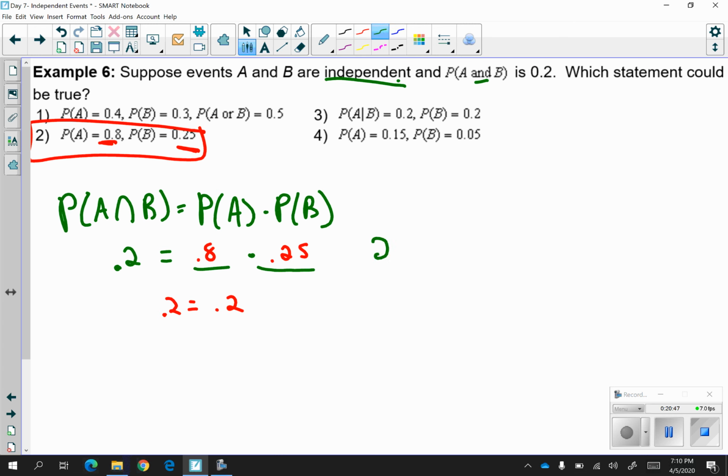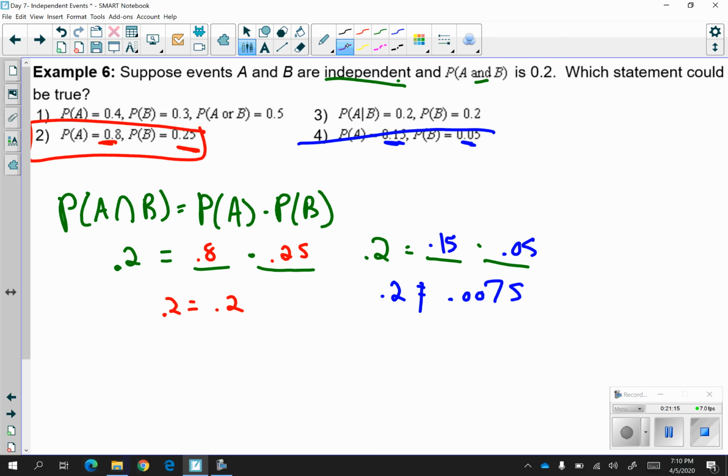I have 0.2 is equal to blank times blank. And I have my two values, 0.15 times 0.05. If you multiply that together, you would get 0.0075, and 0.2 is equal to 0.0075 is not true. So I'm going to cross that out.